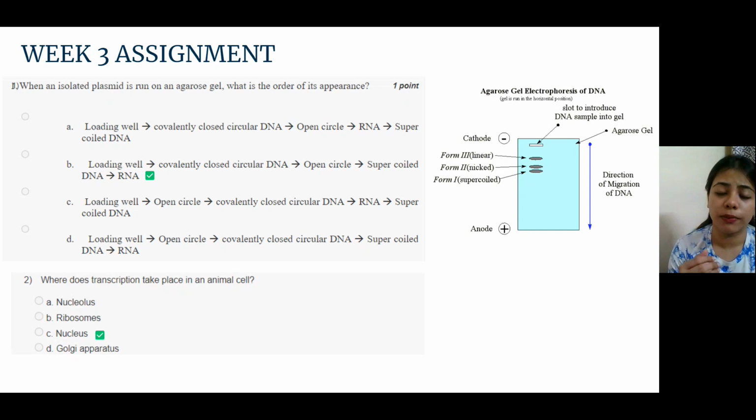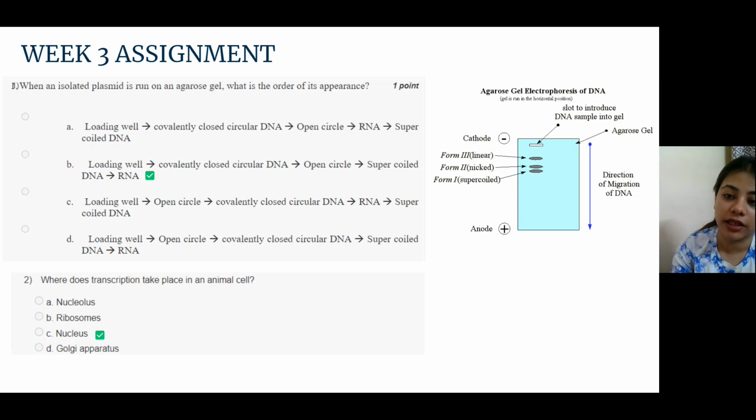Because DNA, by its inherent nature, because of the phosphodiester backbone, has a negative charge along the entire backbone, and positive charges attract negative charges and vice versa, when you place it in an electric field, it will migrate towards the positively charged electrode, which in this case is the anode.